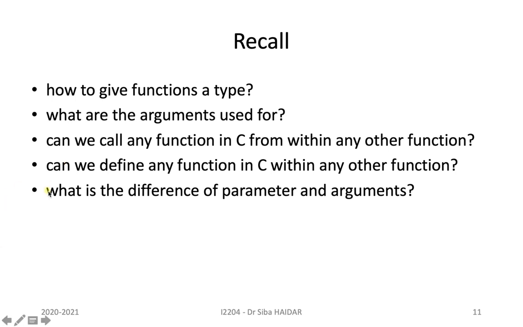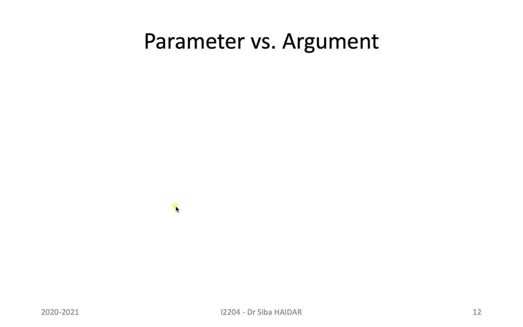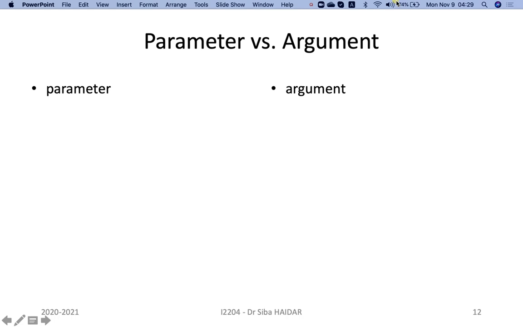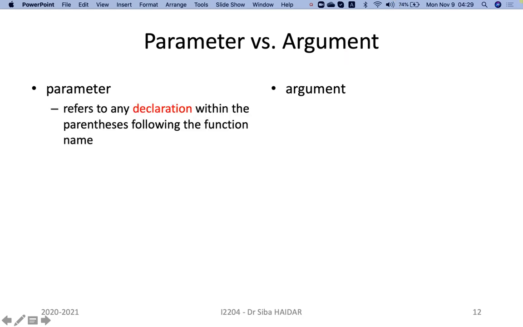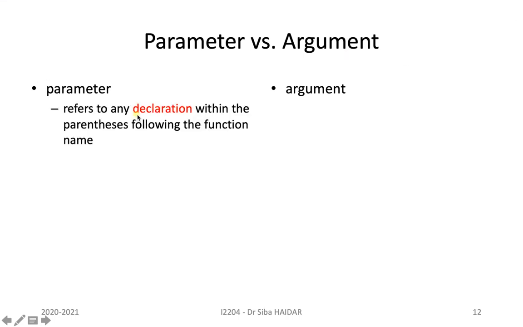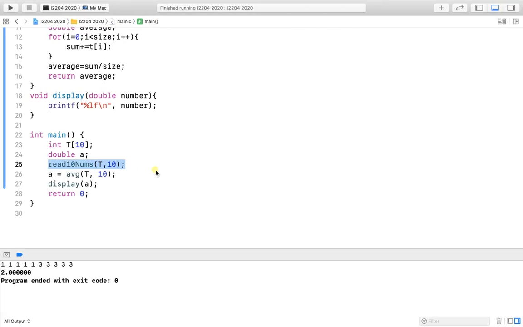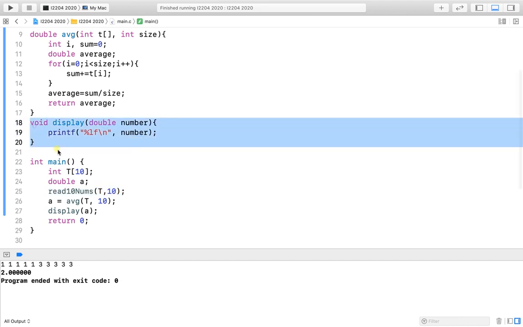And the fifth question is, what is the difference between parameter and argument? We will see now parameter versus argument. A parameter refers to any declaration within the parentheses following the function name inside a function declaration or definition. This is a function definition.